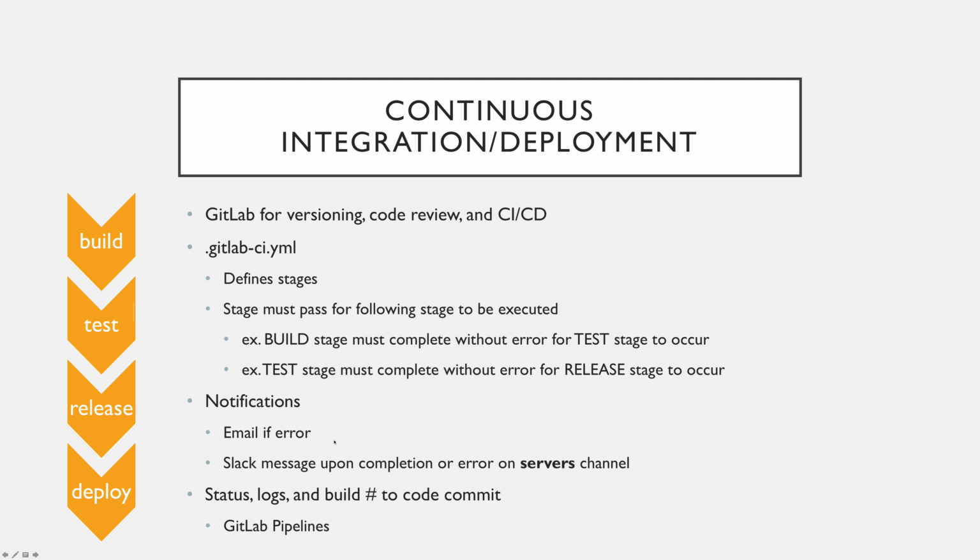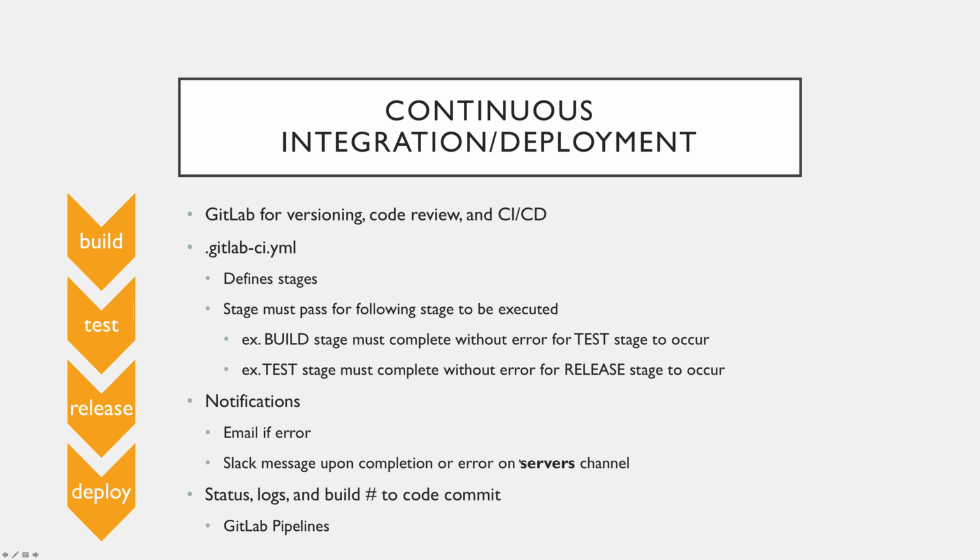GitLab does provide us with some notifications based on builds occurring, builds failing, builds succeeding. It will email the admins if a build fails completely or fails for any reason. So at any stage level, a failure causes a build failure. We also get updates in the Slack channel, which actually is not the server's channel. It is the notifications channel.